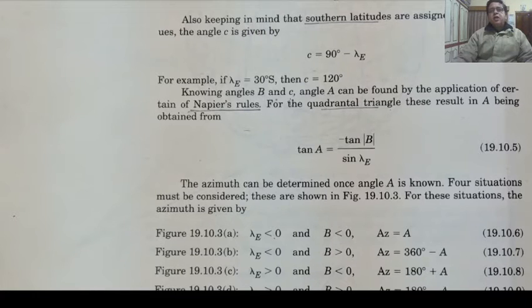Knowing angles B and C, angle A can be found by the application of certain of Napier's rules for the quadrantal triangle.